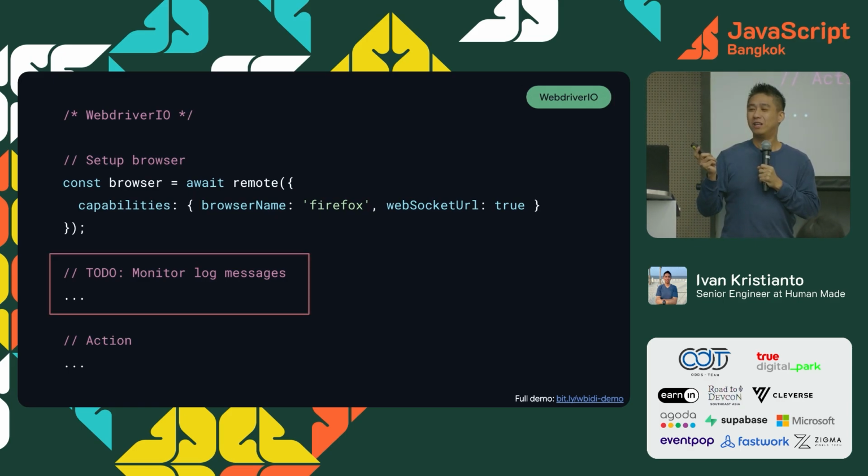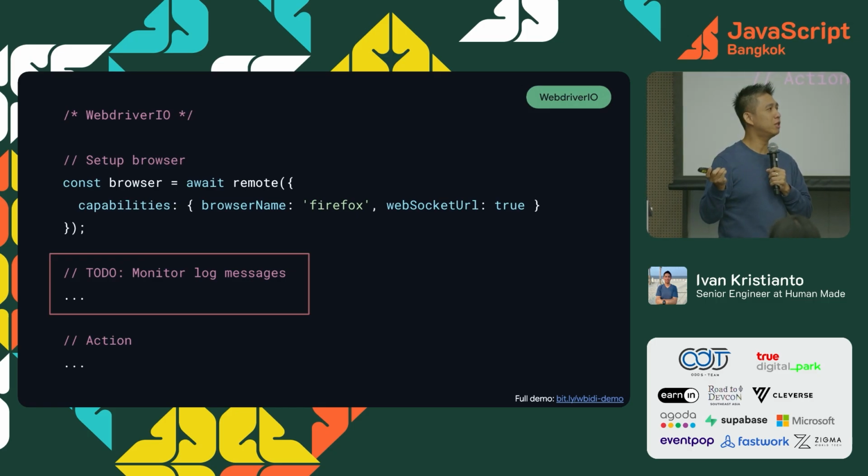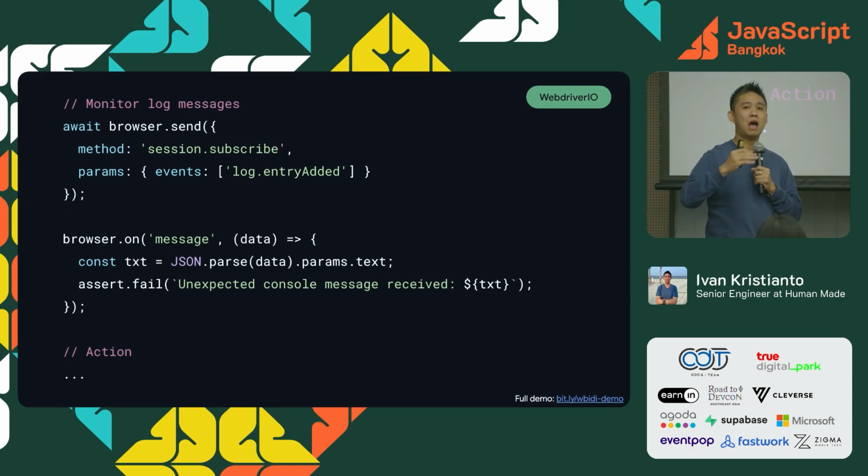And now we can add one more, to monitor log messages. All you need is just like how you do it with CDP, or you can subscribe to the session, and then you can see the log entries on the console log.